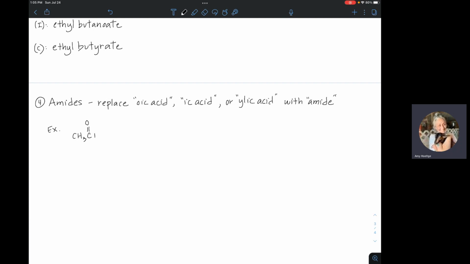So instead, I'm going to put an amino group, and the IUPAC nomenclature for that, instead of ethanoic acid, is just going to be ethanamide. You can pronounce it however you like.